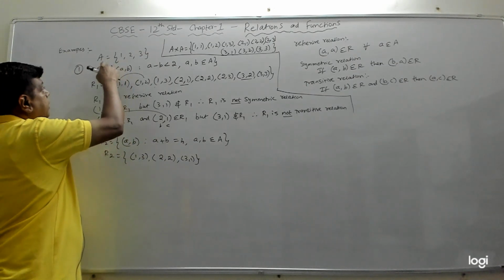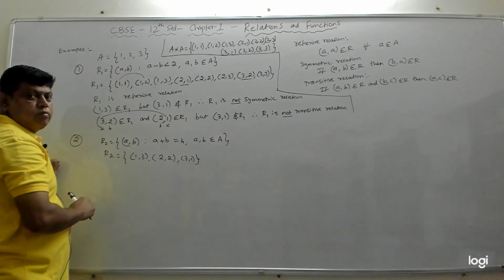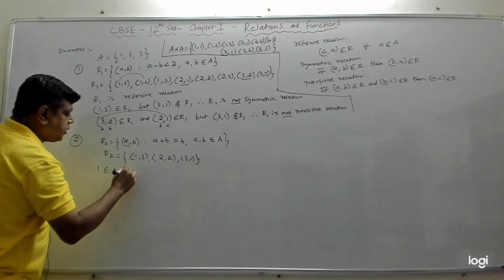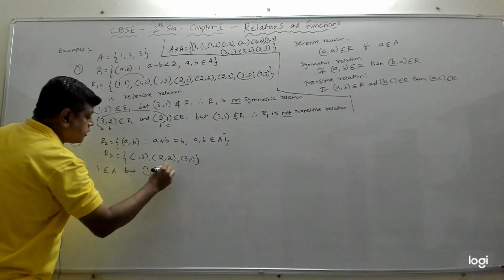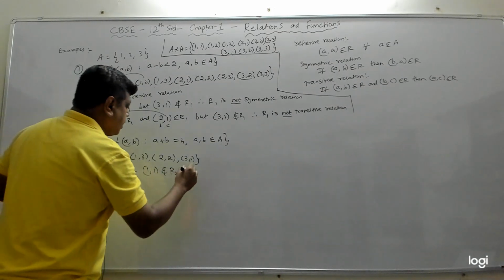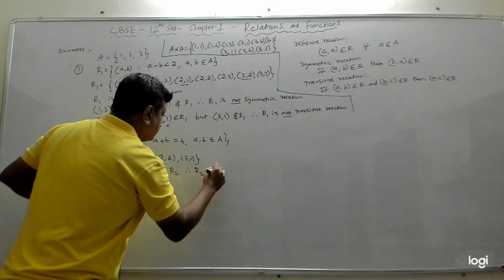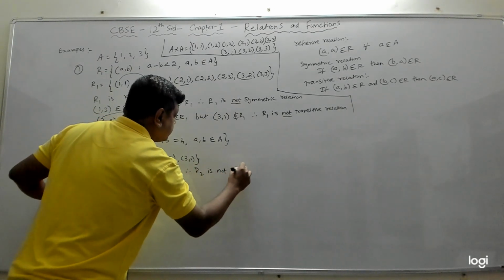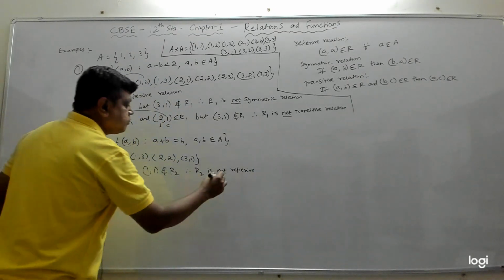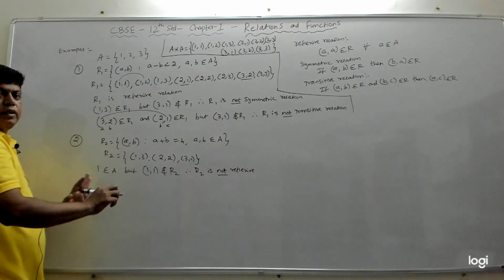So 1 belongs to A, but (1, 1) does not belong to R2, where R2 is the name of this relation. Therefore, R2 is not reflexive.